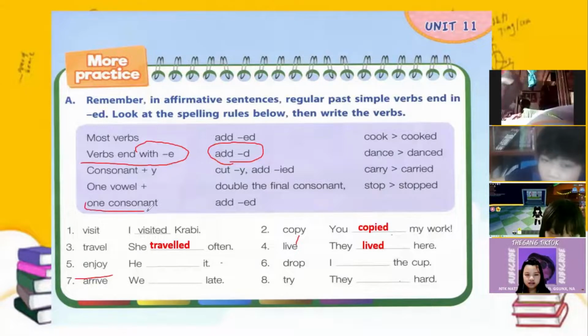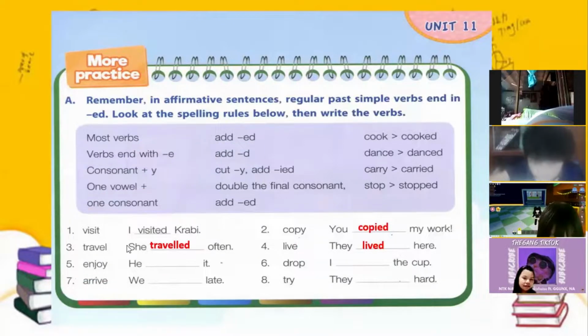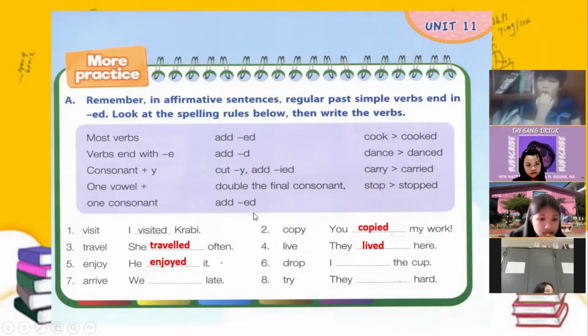Single consonant. Single consonant, we just add only ED. Okay. All right. Similar now. Number six, drop. I drop. So what will be the spelling when we change it?